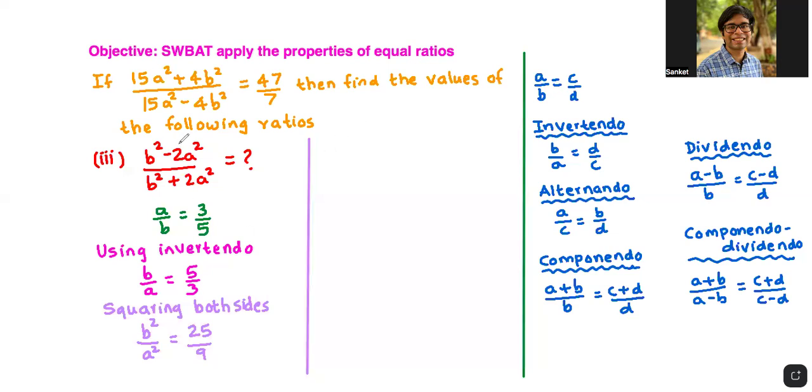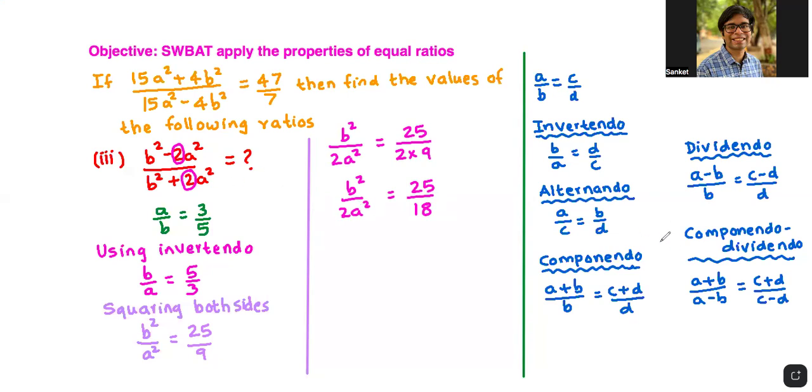I can also see that a is multiplied with 2 here. So I'm going to multiply a² with 2 here in the denominator, and do the same thing on the right hand side. So I get b² upon 2a² is equal to 25 upon 18.